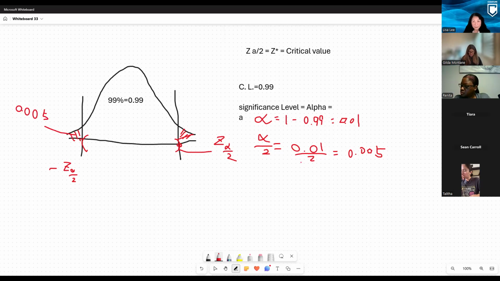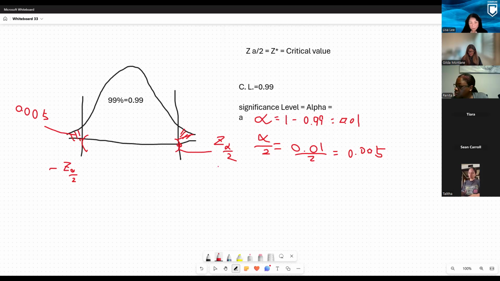If you want the positive one, you have to take 0.99 plus this area, 0.005, so the total area to the left will be 0.995. When you come back to our z-score table here, this table uses 5 decimals, but it's okay. We can pick up 2.5 and 2.6, these two numbers, because we are looking for a value in between.